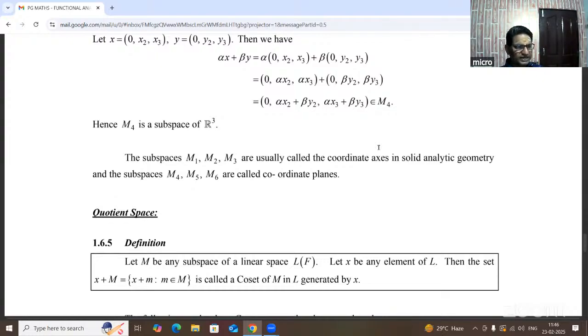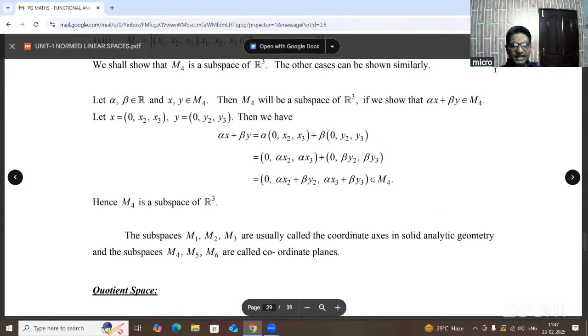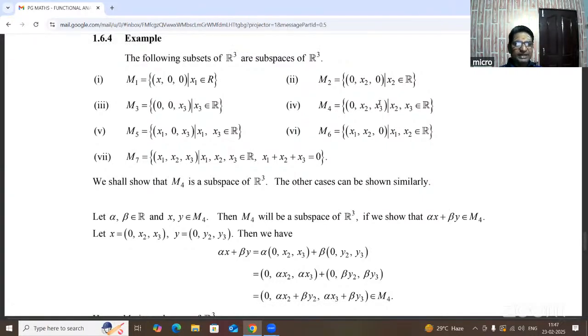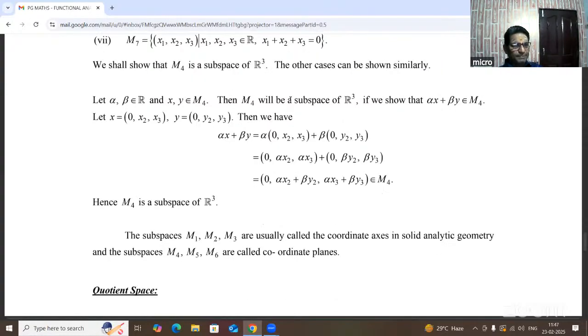M4, M5, M6 are called coordinate planes, because here only two coordinates are there and the remaining coordinate is 0. A plane needs two coordinates. So that is called coordinate planes.